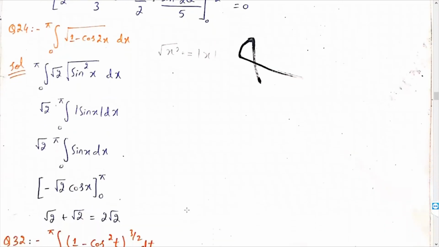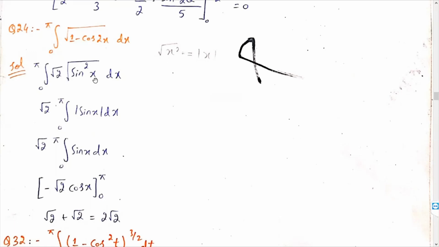Now comes another question, integral of 0 to pi under the radical 1 minus cos 2x dx. As we all know, 1 minus cos 2x is equal to 2 sine square x. So I can write it as under the radical 2 into under the radical sine square x. As we all know, under the radical x squared is equal to mod of x.